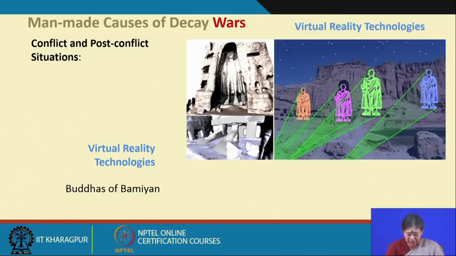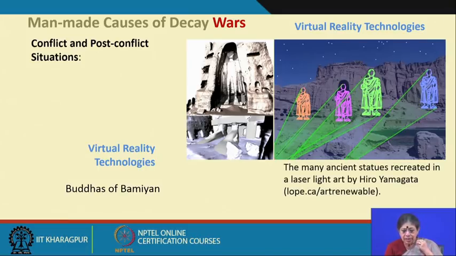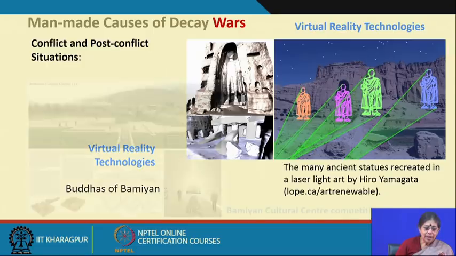A very interesting case is Hiro Yamagata, who is Japanese, trying to find how the statues can be recreated through laser light rather than really reconstructing. So, as I say, technology can help reinterpret a lot of things, and we are exploring more and more the use of virtual reality, either in the reconstruction process or by putting up images so that people can understand what was there.